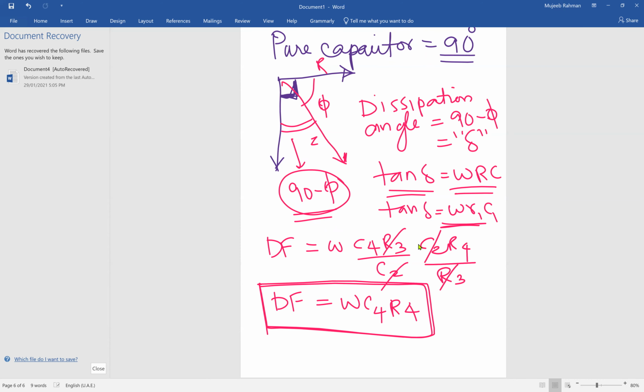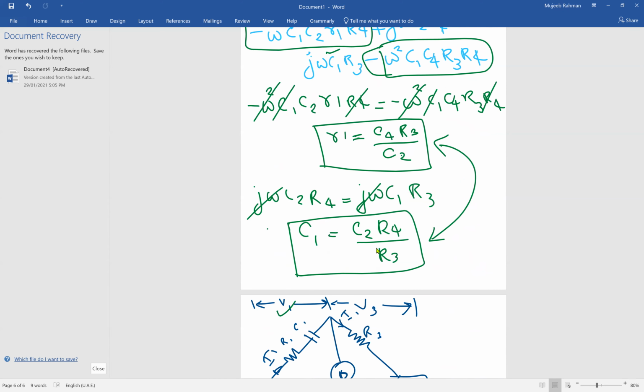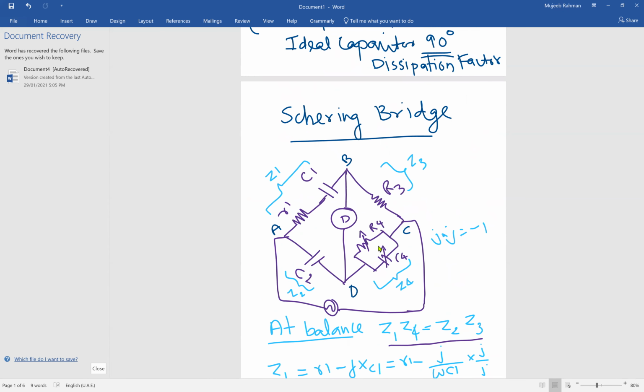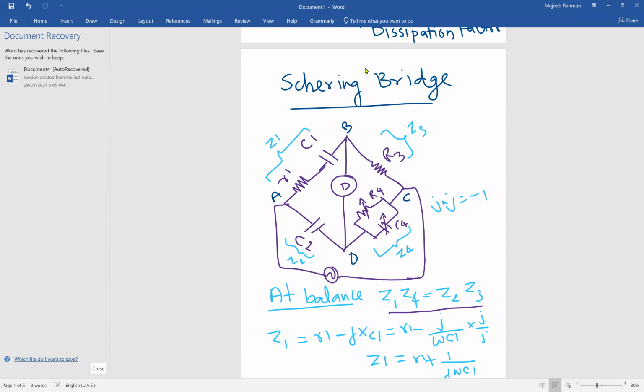To summarize, in this video we discussed the measurement of unknown capacitance using the Schering bridge. The Schering bridge is a four-arm bridge consisting of four branches, which we have marked as Z1, Z2, Z3, and Z4.